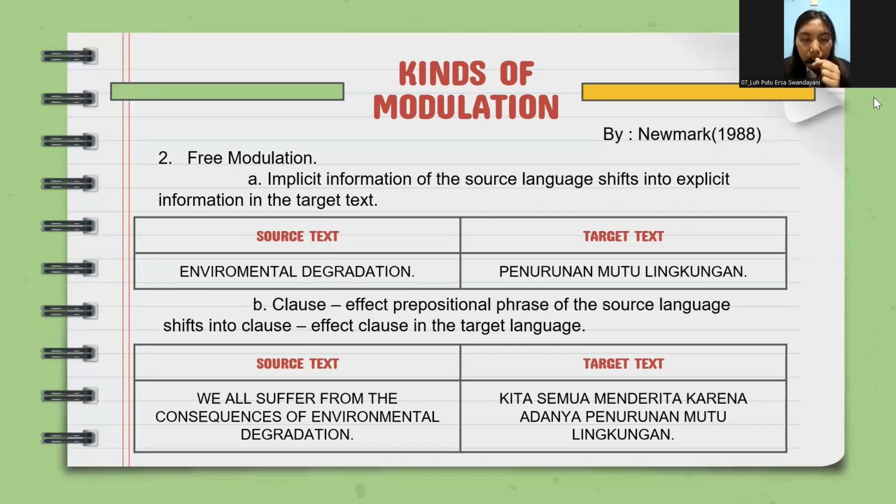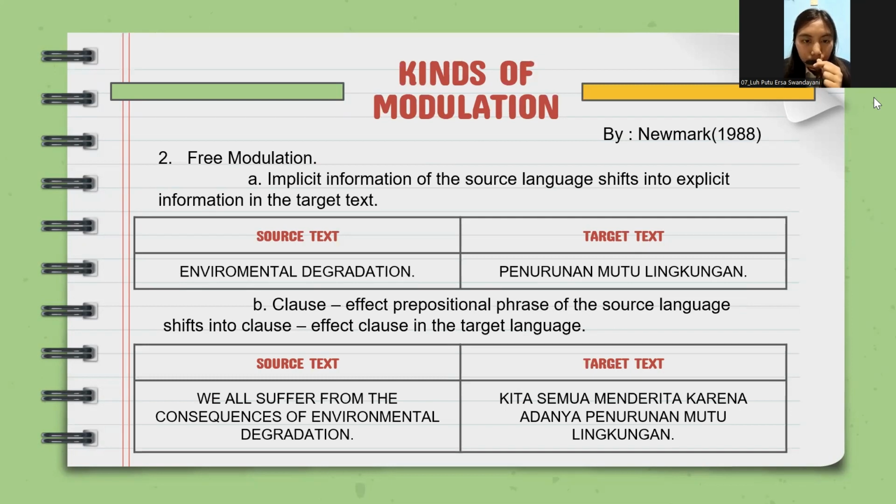This free modulation has two types, namely, number one is implicit information of the source language shifts into explicit information in the target text. For example, in the source text, "environmental degradation." In the target text is "penurunan mutu lingkungan."